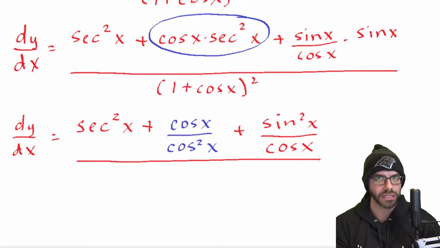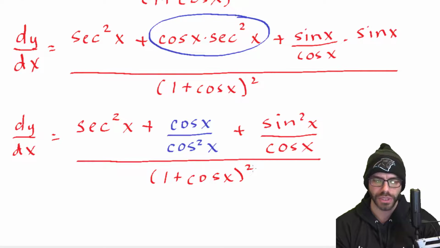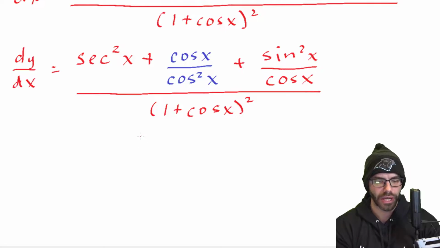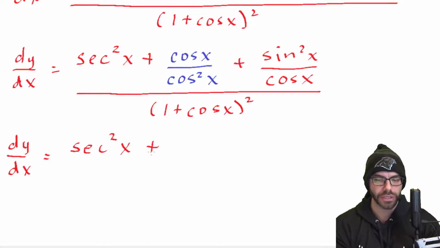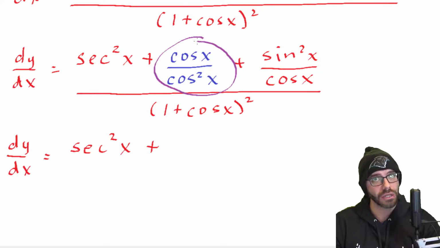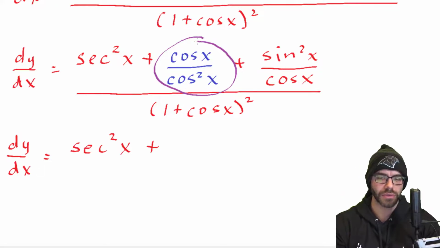All right. And then, like I said, remember, the idea is just to simplify it. So we're just going to clean it up just a little bit. Maybe 2 more steps and we'll be there. And so now let's write everything else, secant squared x plus, well, this here can be reduced to 1 over cosine x, right? Because you have a cosine x at the top, cosine squared at the bottom. Therefore, one of those two cosines can be reduced.